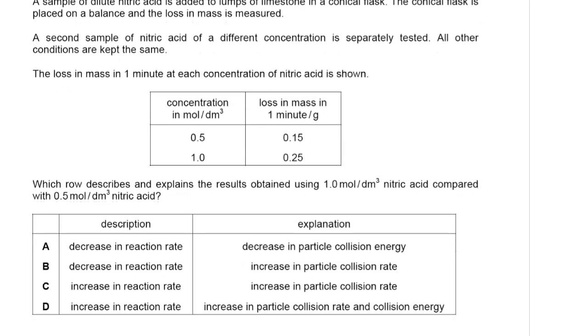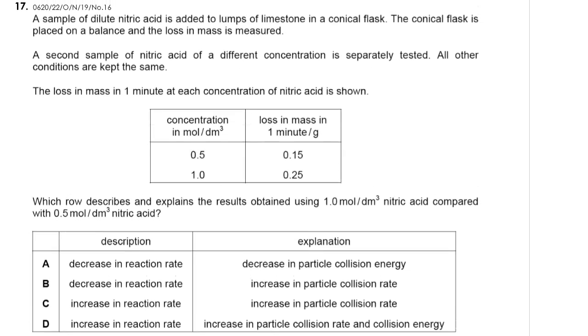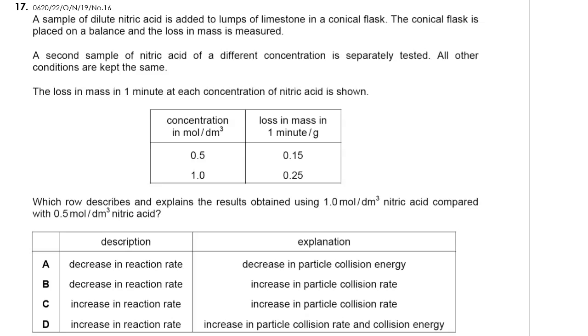Number 17. A sample of dilute nitric acid is added to lumps of limestone in a conical flask. All right, lumps of limestone. Limestone is calcium carbonate, of course in solid form. The conical flask is placed on a balance, and the loss in mass is measured.